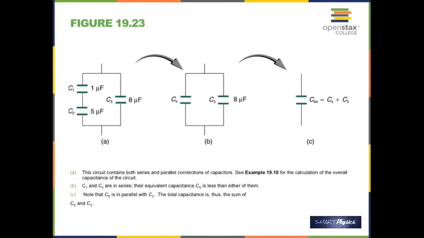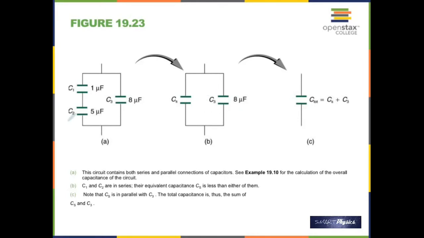So that is basically this chapter. And this is just an example of how to calculate the total capacitance. These two are in series with each other. So you got to find what they are, and then that series combination is in parallel with the third one.